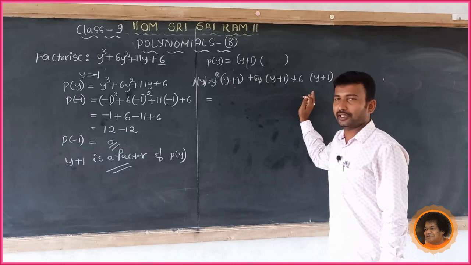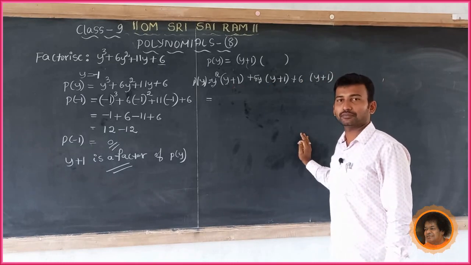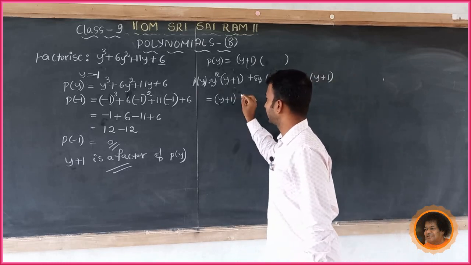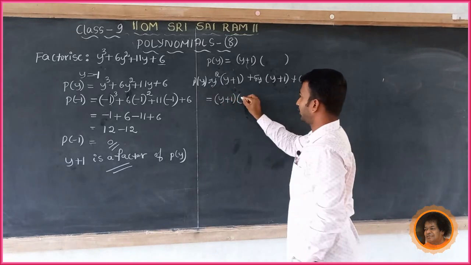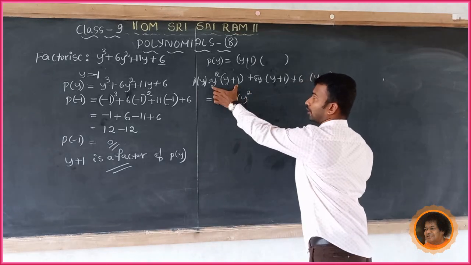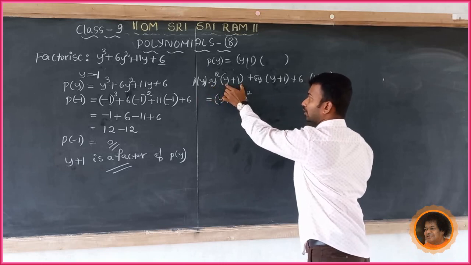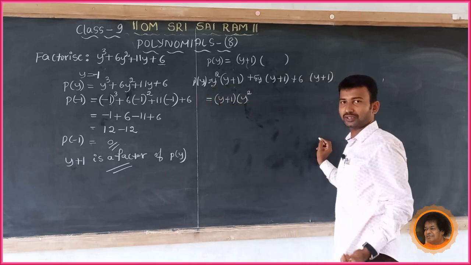In this expression, y plus 1 is a common term. So take out y plus 1 as a common term. Y square, by dividing y square by y plus 1, we get y square, because y plus 1 is the common term we have taken out.